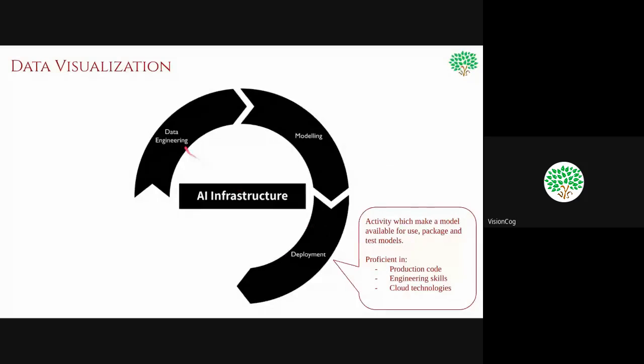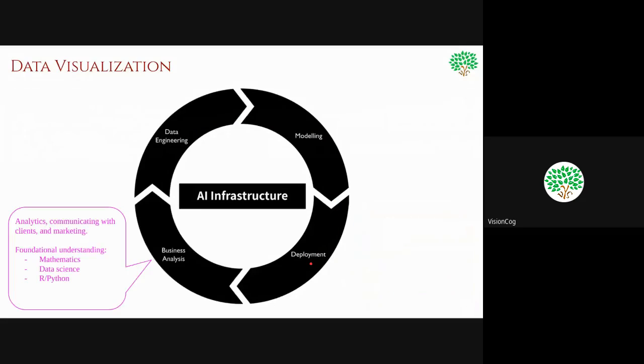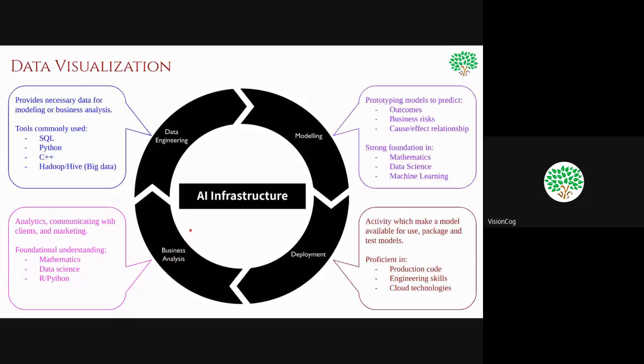Once we have this data engineering, modeling, and deployment, which essentially covers the core part of the AI infrastructure, then from the business point of view, there is also a business analysis team whose main focus is communicating about these applications to the wide open market. So this is what is essentially captured from a company point of view.